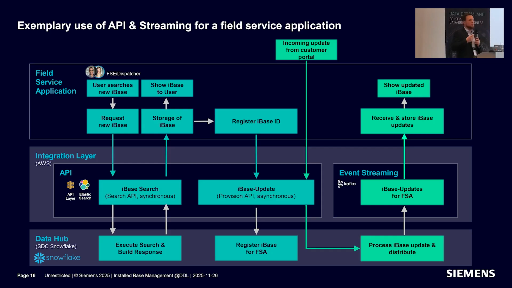So they don't have to poll every day or every week, have batch exports, or Excel in the worst case. Rather, we inform them: the iBase you got has a new update, and here's the information. You don't have to call us again, here's everything you need, you can store it and show it to the user, you're up to date. That really is the combination and the benefit of using both sides of the coin.